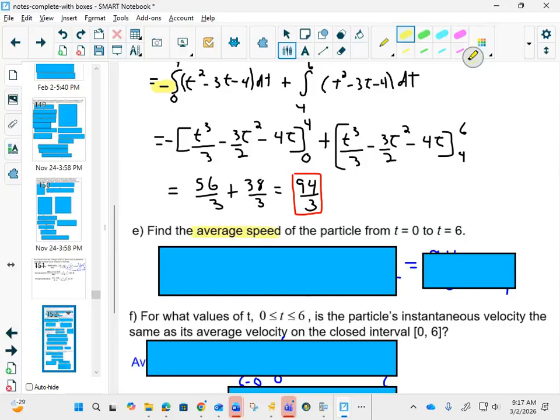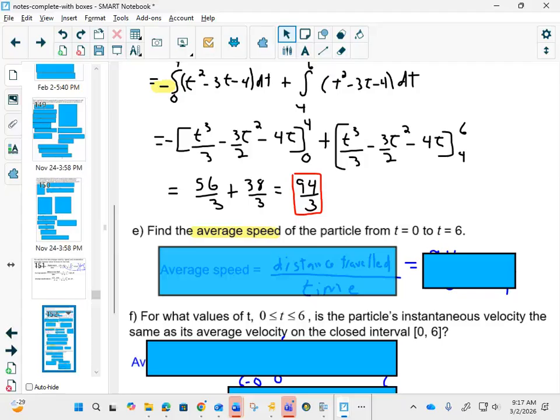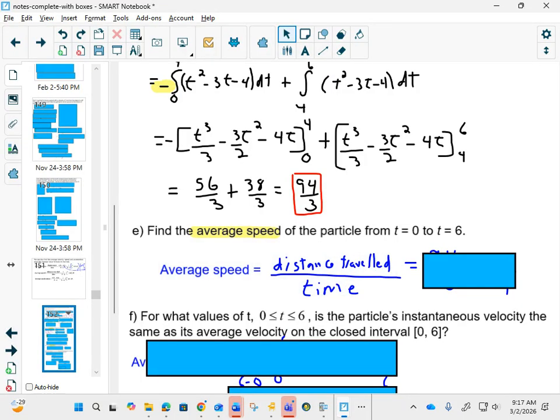So probably the hardest thing in kinematics is just keeping track of what you're trying to find. Because speed and velocity are so close, distance and displacement are so close. Now we're trying to find an average speed. Average speed is distance traveled over time.